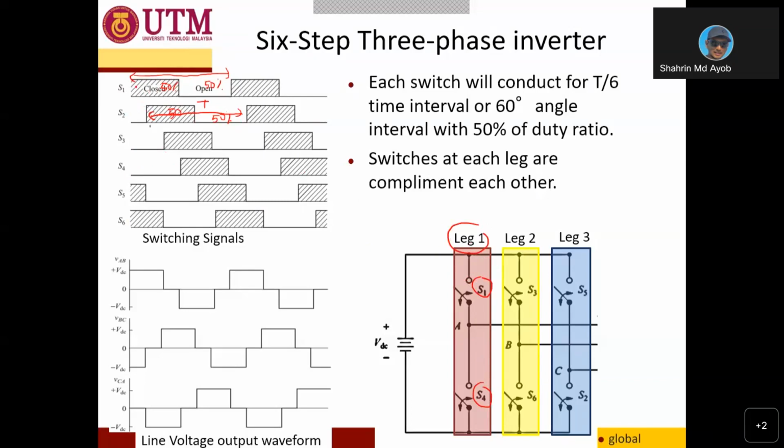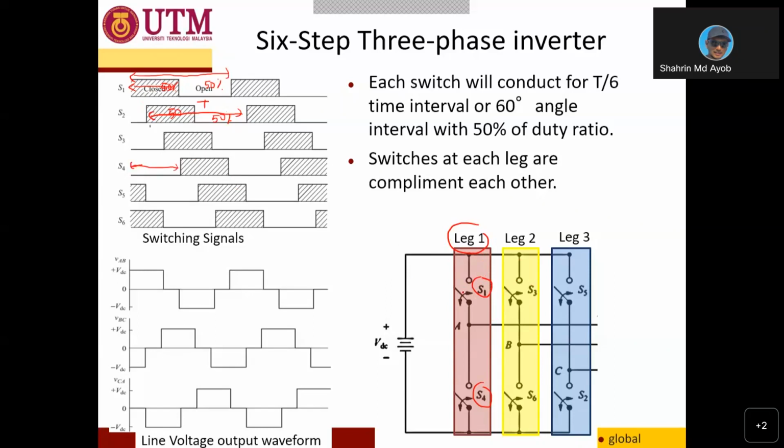As you can see here, S1 is on for this period and S4 is off. If both are off, no problem. But you must make sure S1 and S4 do not turn on at the same time because it will be a short circuit.